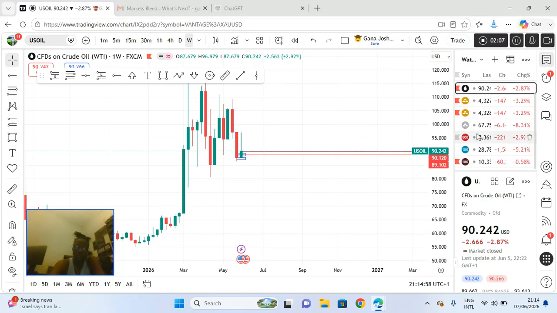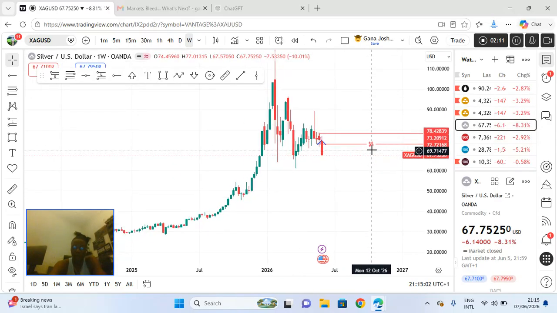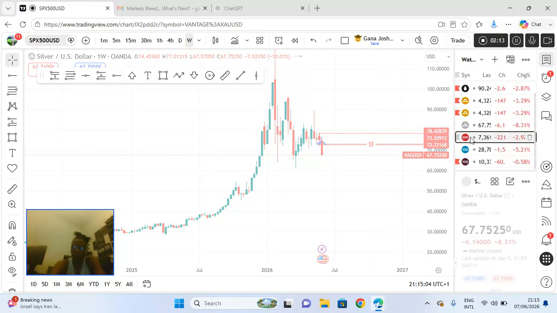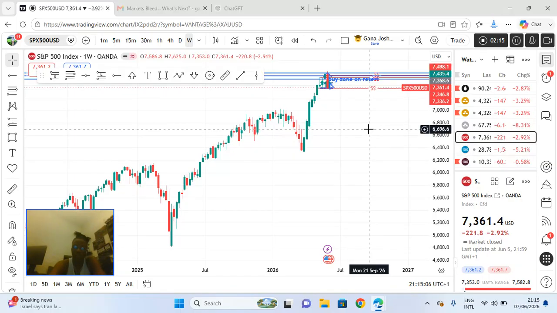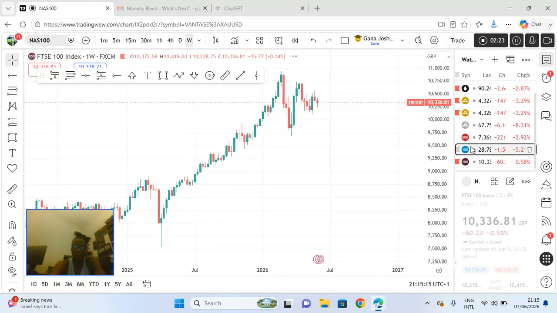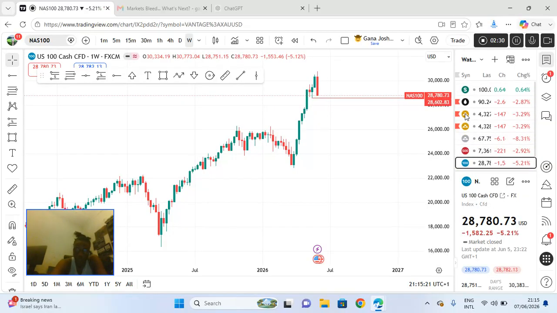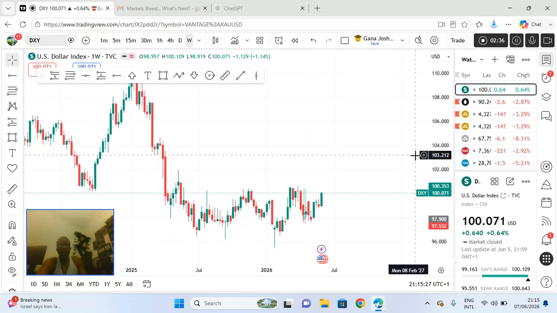Recently I got silver, but I don't trade silver, though I'm adding it to my list. In stocks, I'm liking the S&P 500, the UK 100 and the Nasdaq. So this is how we'll go over things in the short period we have. Let's look at the DX, the dollar.